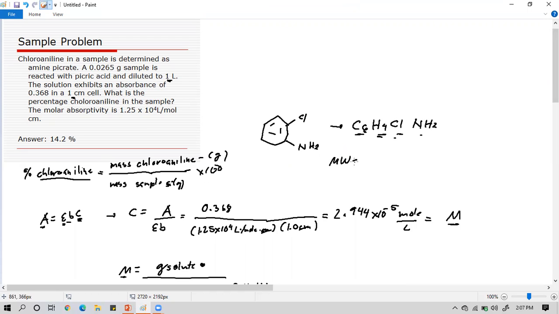Hindi ko na siya isosolve isa-isa, kasi alam nyo naman kung paano mag-calculate ng molecular weight. Magiging time-consuming lang tayo, guys, if i-calculate ko pa siya further, okay? The molecular weight of our chloroaniline is 127.57828 grams per mole.